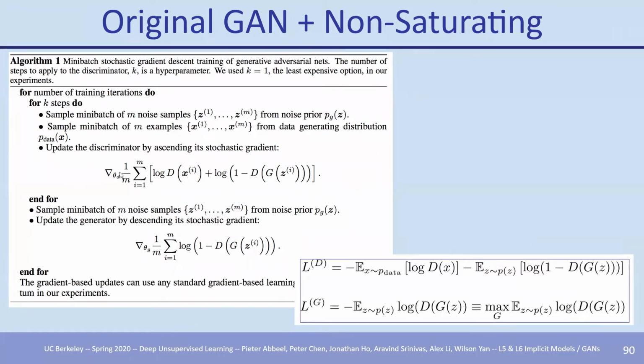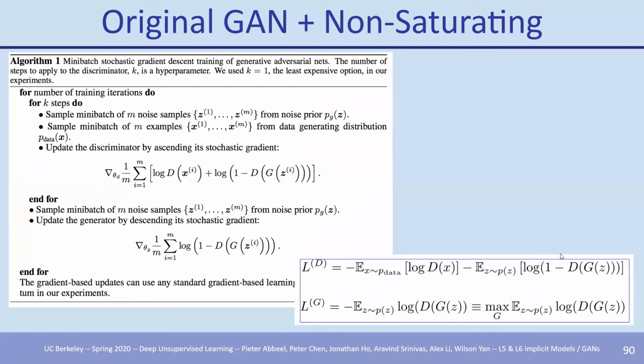Then you take the gradient and use it to update. After we're done with it, we sample more noise samples, and then we update the generator. So the generator gets the gradients from the discriminator, and it's updated, and then we go over and over again, right?